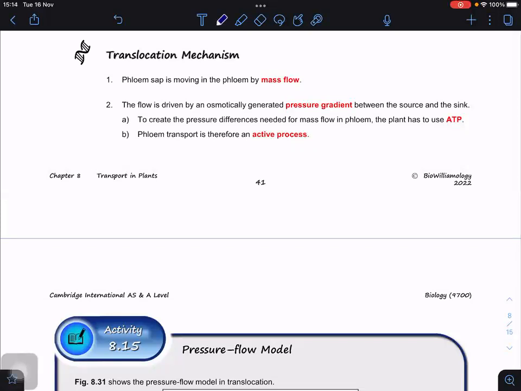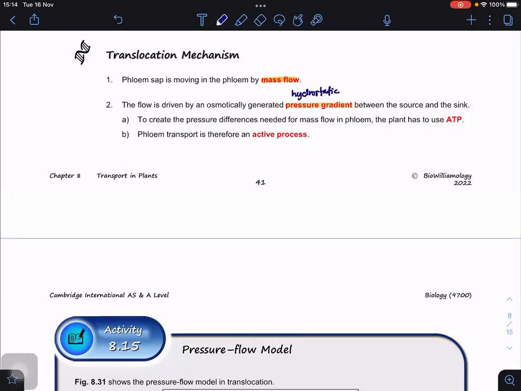Okay, now we continue with the translocation mechanism. Similar to the xylem, it is by mass flow, not active transport, and not diffusion because that is too slow. If we look at this mass flow, we need a pressure gradient, or more precisely a hydrostatic pressure gradient.